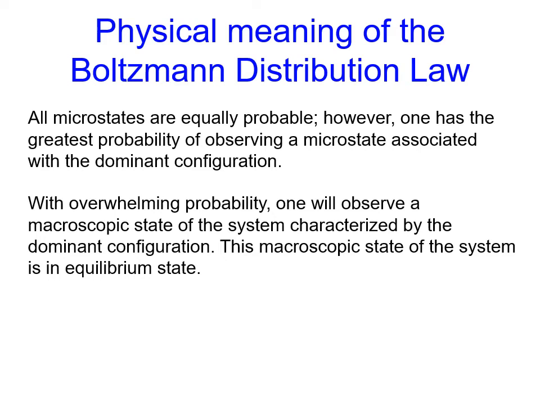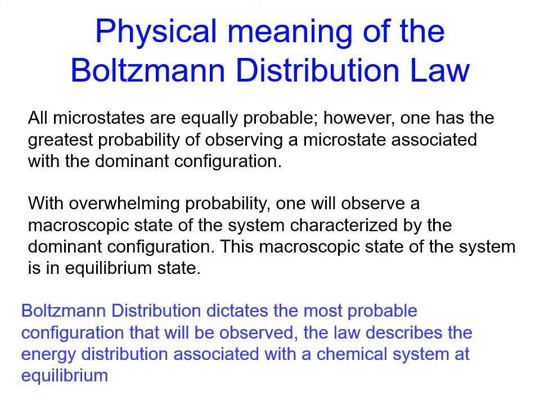And this macroscopic state of the system is the equilibrium state. And the Boltzmann distribution dictates the most probable configuration that will be observed. The law describes the energy distribution associated with a chemical system at equilibrium.